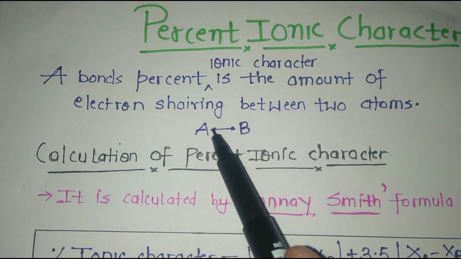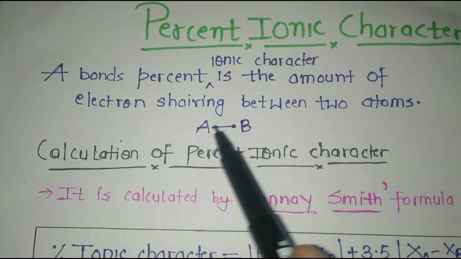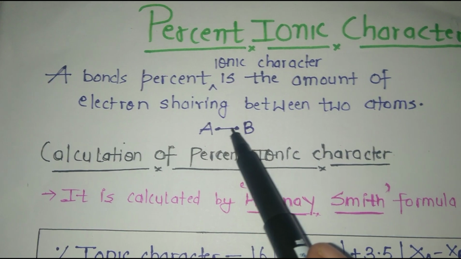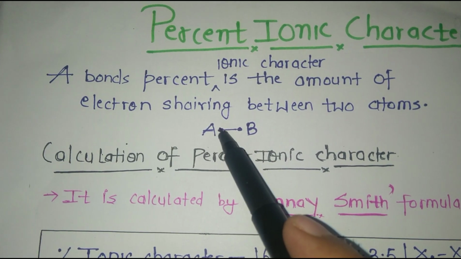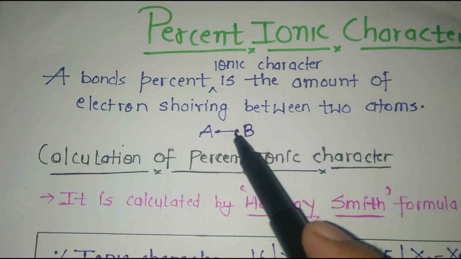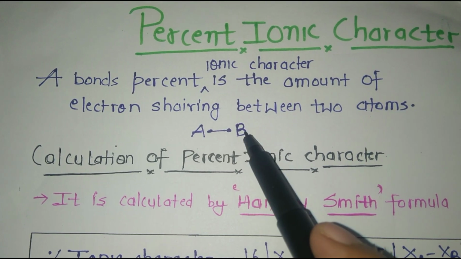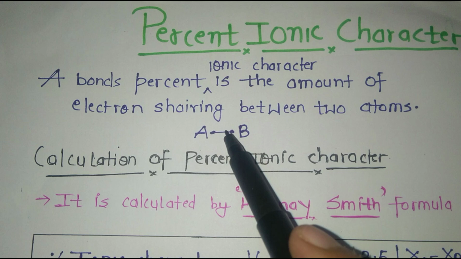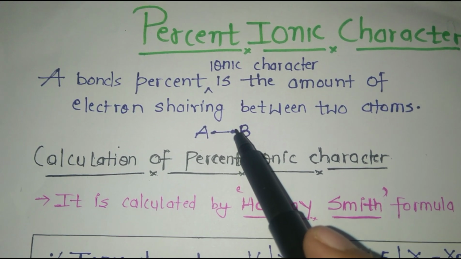As we know, a single bond contains two electrons. Therefore, the sharing of these two electrons, one this and another this, between atom A and B is known as its percent ionic character.